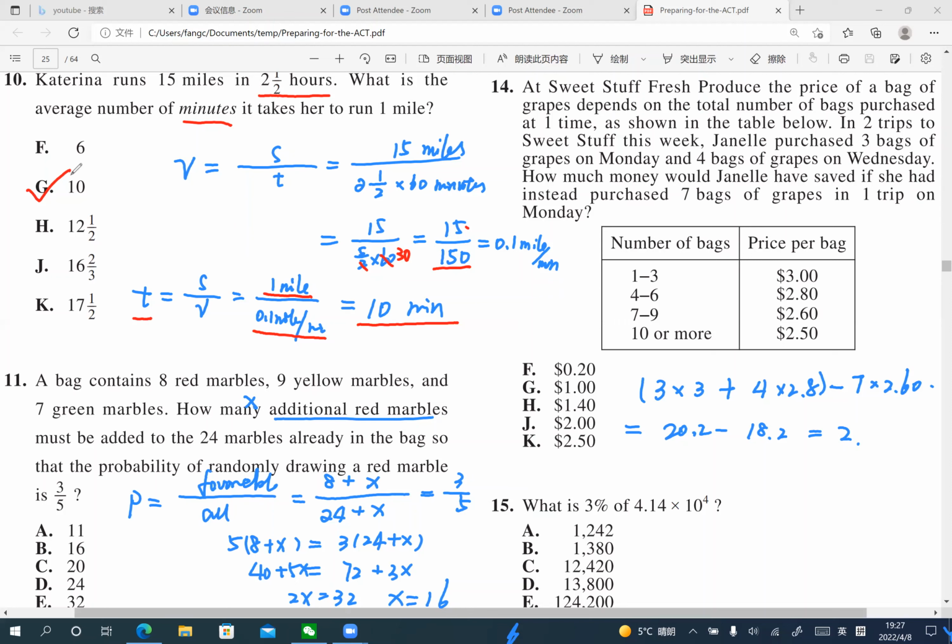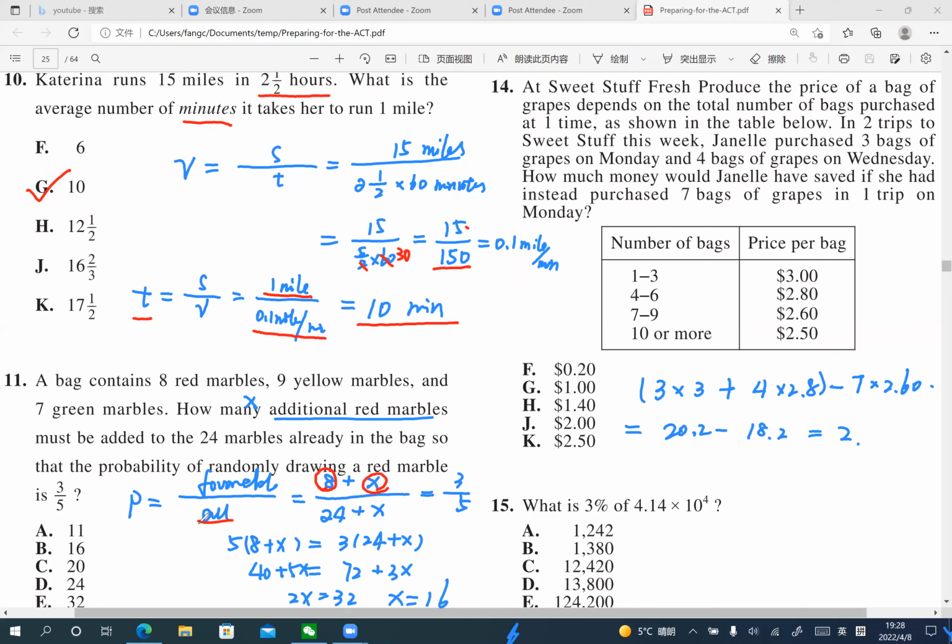The probability equals the number of favorable outcomes divided by the number of all possible outcomes. If we use X to represent the number of additional red marbles that must be added to the original bag, then the number of favorable outcomes should be equal to the 8 original red marbles plus the X additional red marbles.